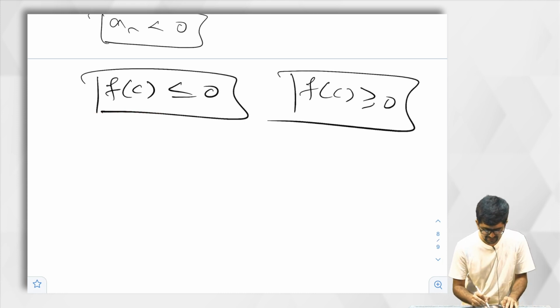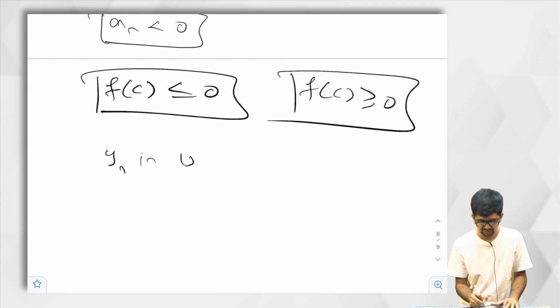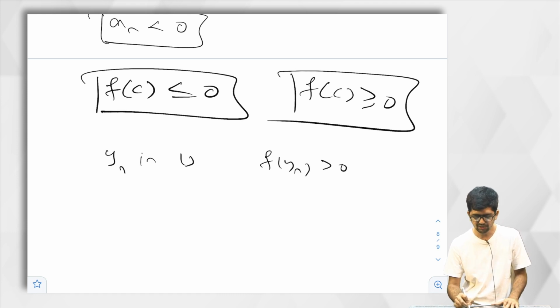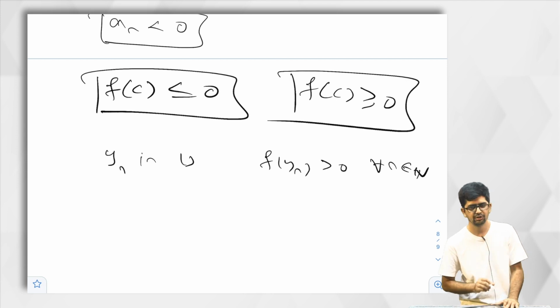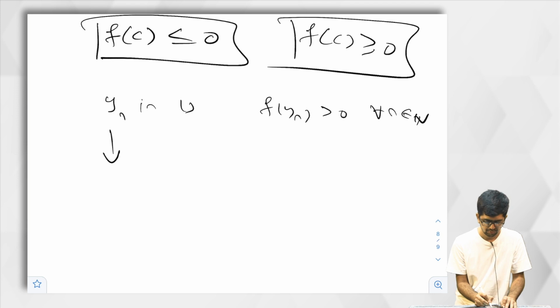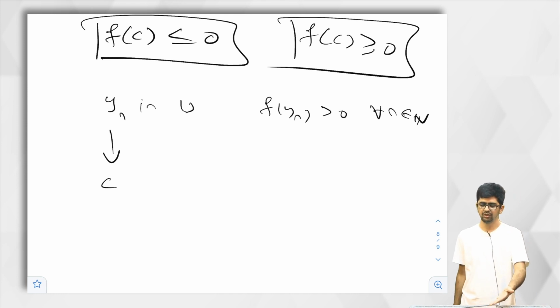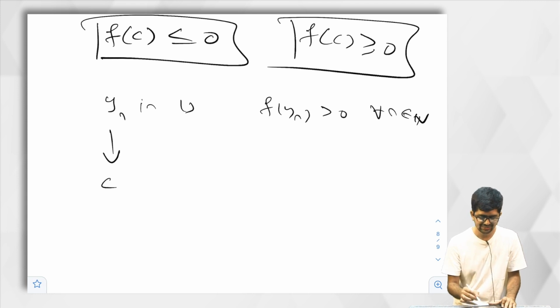Suppose we get a sequence, say y n, inside U such that f of y n is positive for every n belongs to N and y n converges to c. Then one can apply the same idea and conclude that f of c is greater than or equal to 0.